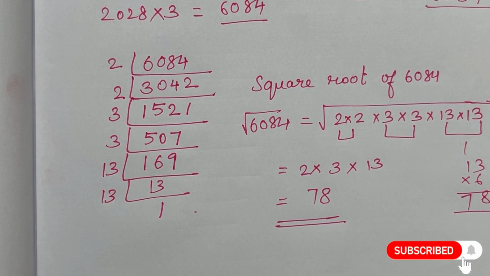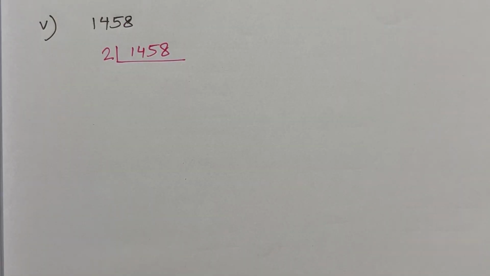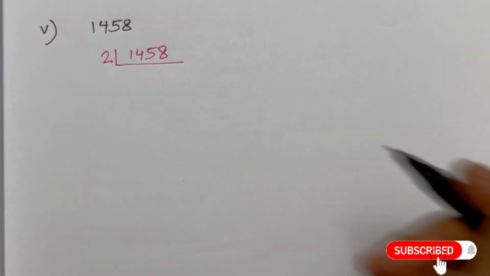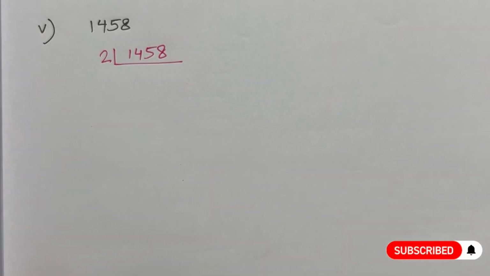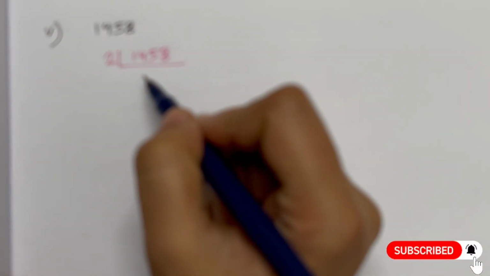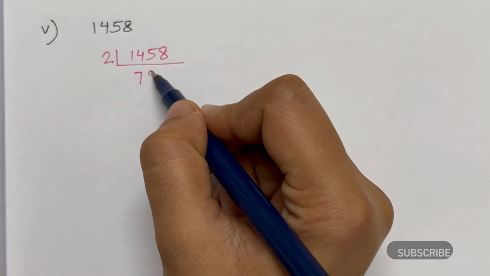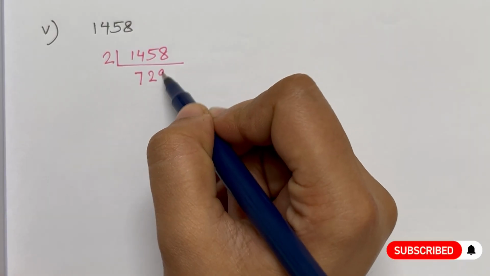Now we'll solve question 5. Question 5, 1458. First we'll find the prime factors of 1458. This is an even number, so it is divisible by 2. 14 comes 7 times, 5 will not come, 4 comes 2 times, 1 left, 18 goes 9 times.